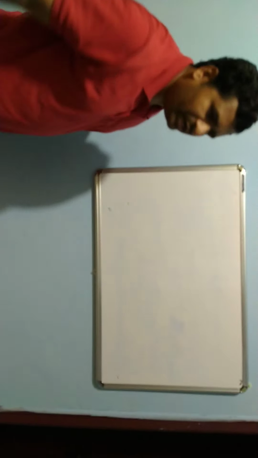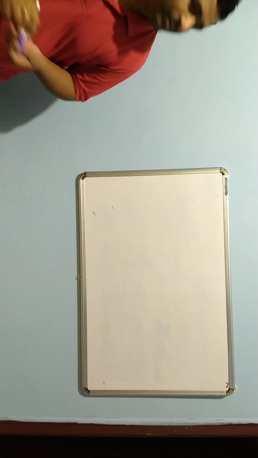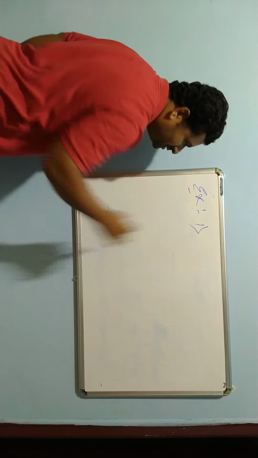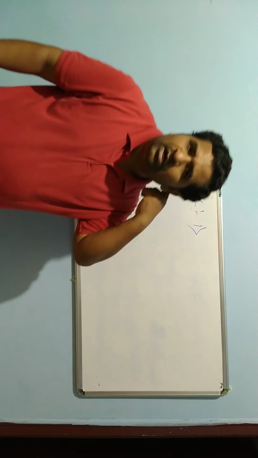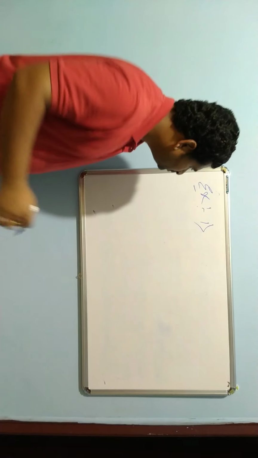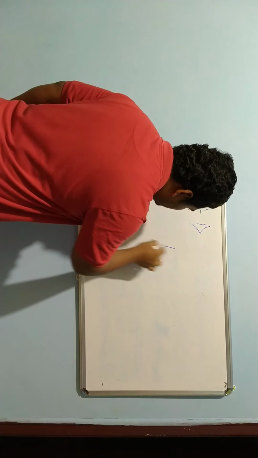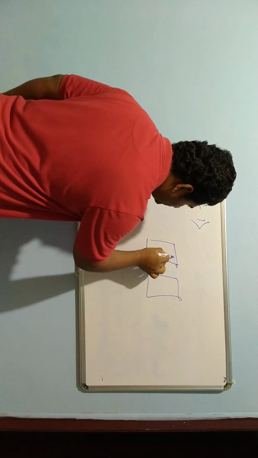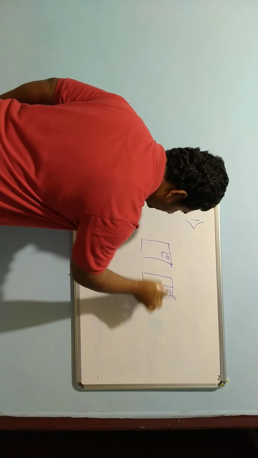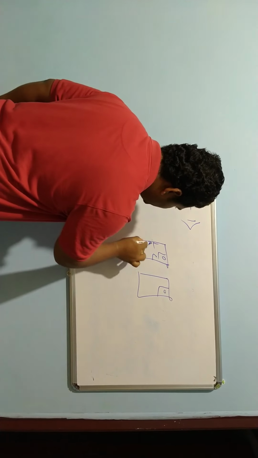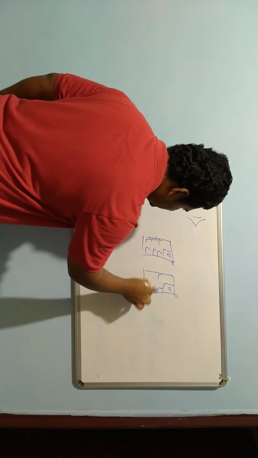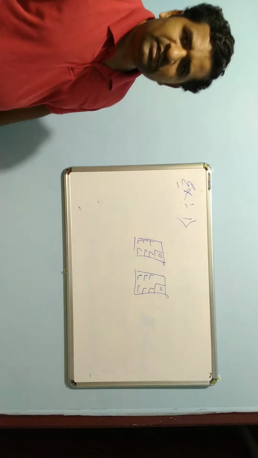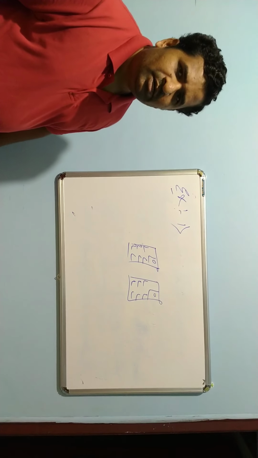For the first example, think of a bus line where two buses are standing side by side, and the passengers are sitting in a bus. Let us take this example of two buses standing in a bus stand.